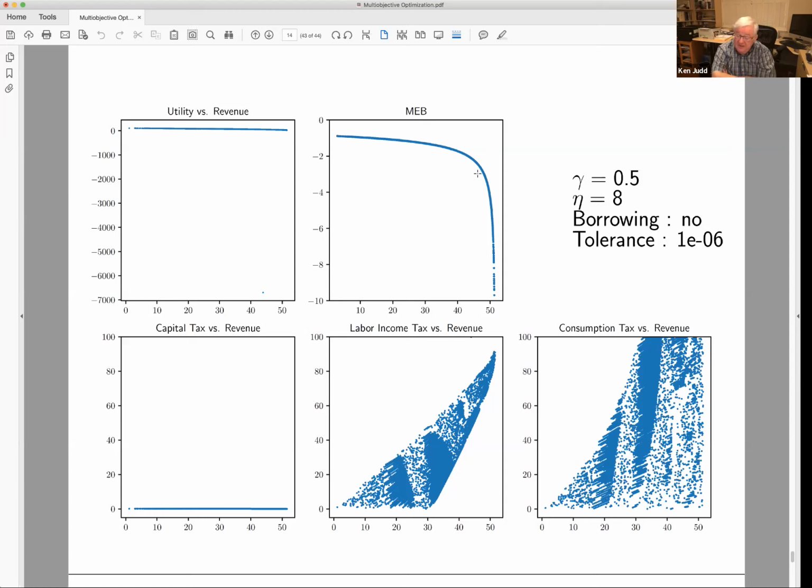I've done that for static problems, and I think I can also easily do it for dynamic problems, life cycle problems, even when you have stochastic shocks to your labor income. So those are the kinds of problems I want to solve. I want to solve optimal taxation where people are solving dynamic stochastic overlapping, dynamic stochastic life cycle problems.